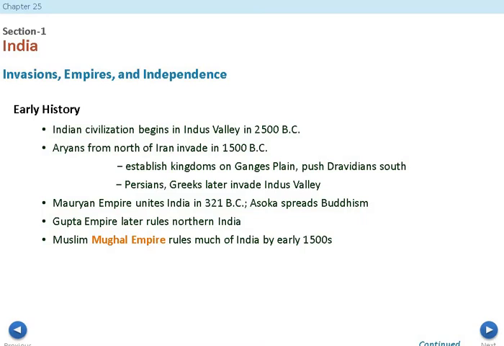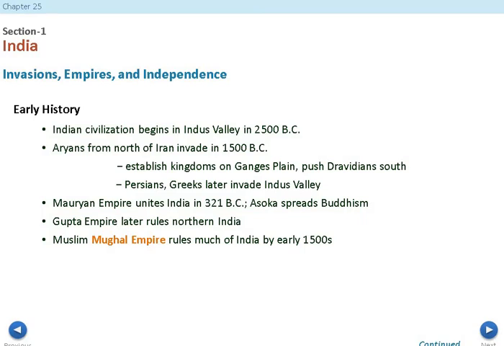Now, the lecture here: early history. India's civilization is going to begin in the Indus Valley in about 2500 BC. Aryans from the north of Iran invaded in about 1500 BC, and they established a kingdom in the Ganges Plain. They're going to be pushed by the Dravidians to the south, then the Persians and the Greeks later invade this valley.